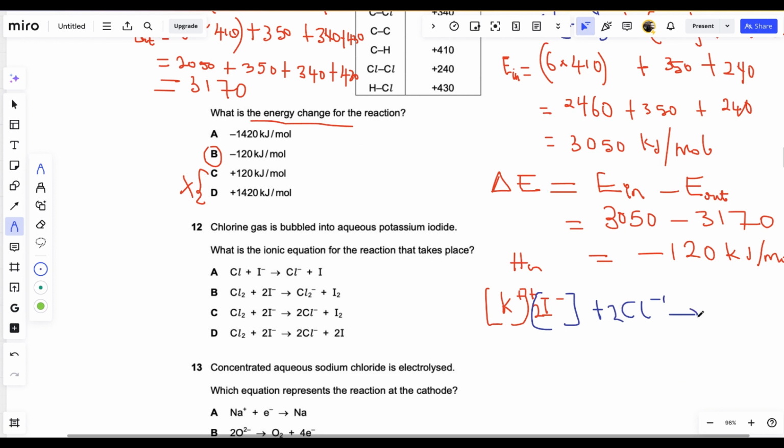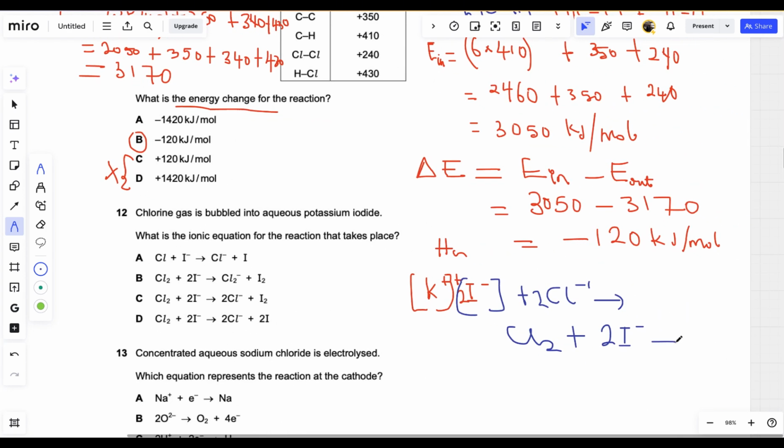This will give us iodine. Chlorine will displace iodine. So what will we have? We will have chlorine gas reacting with 2 ions of iodine in the half equation.